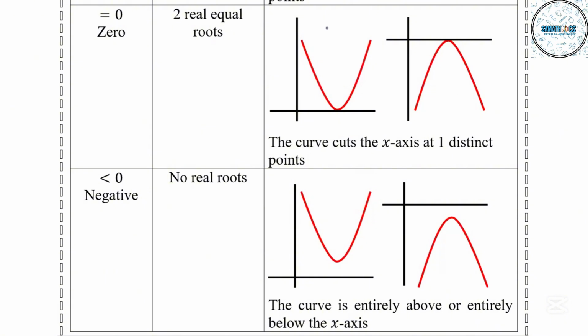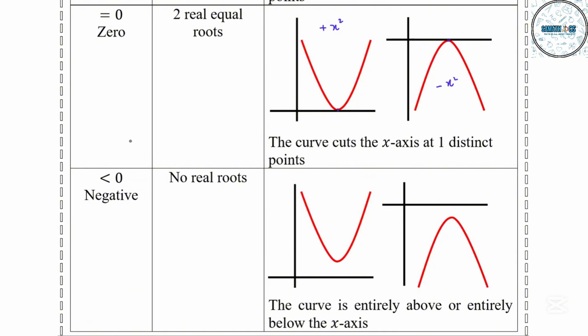And if the coefficient of x squared is positive, the shape of the curve is to be like this, open upwards, and the graph intersects the x-axis at one point. In this case, the coefficient of x squared is negative, so the graph is opening downwards and it is intersecting the x-axis at one point.